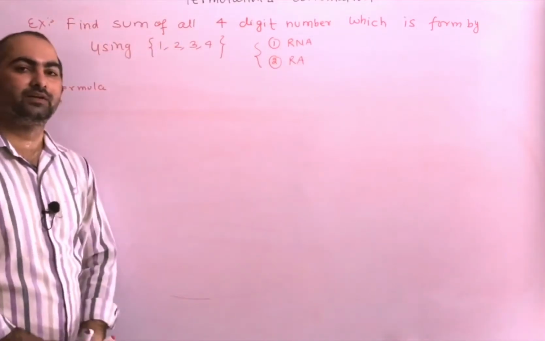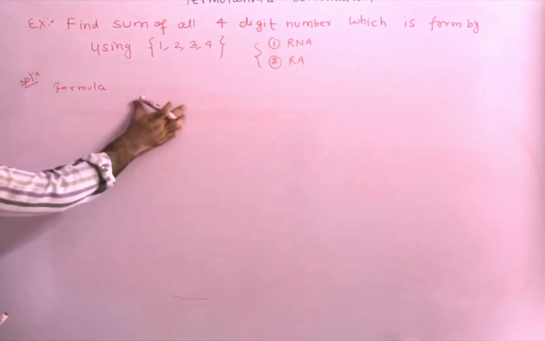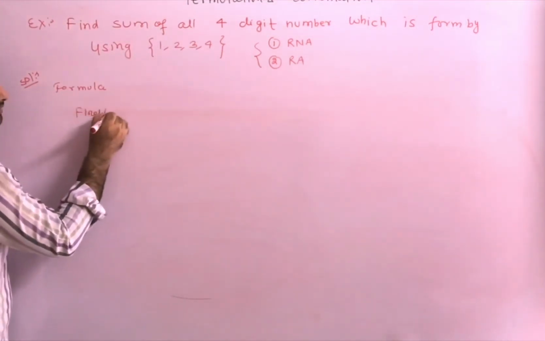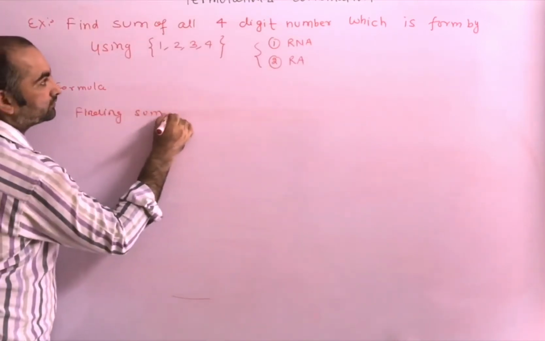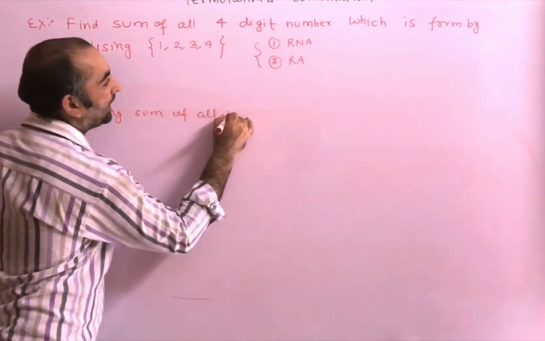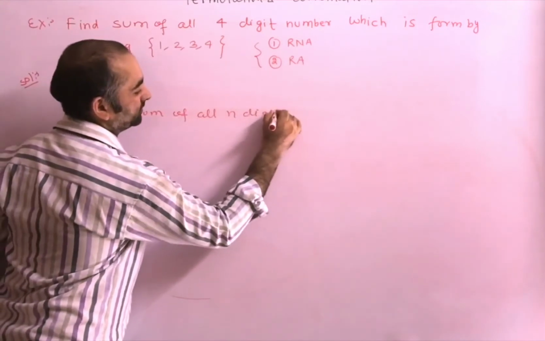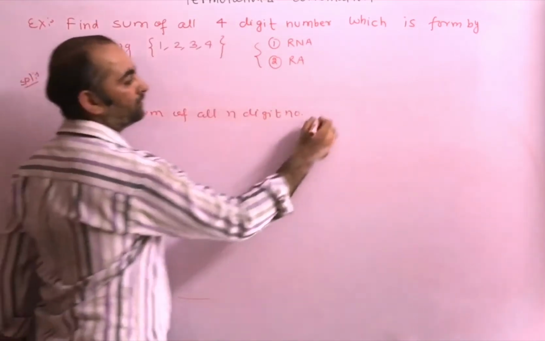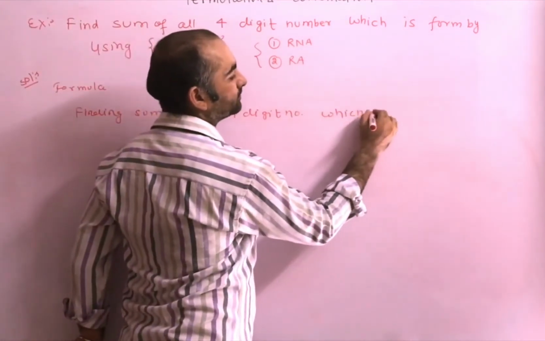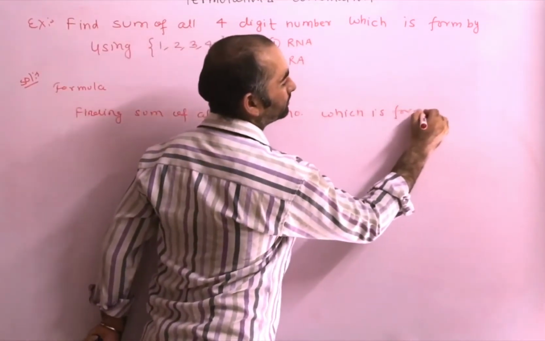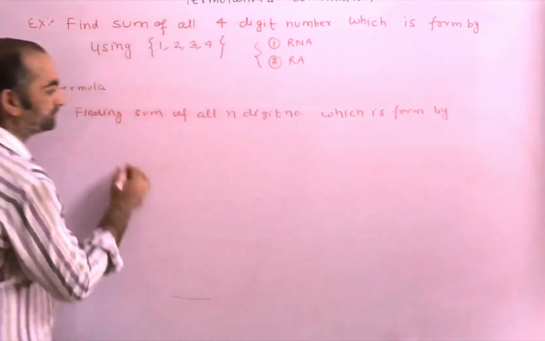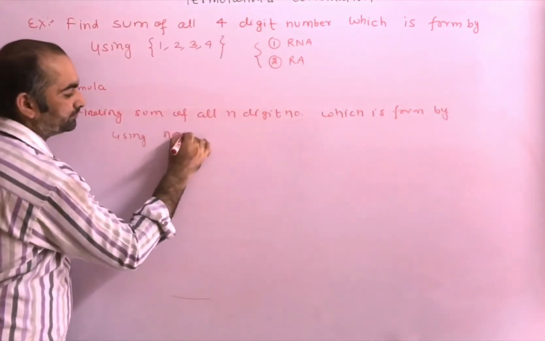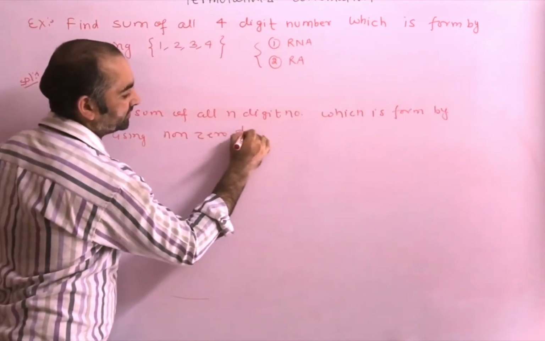Now I am telling the direct formula for solving these types of problems. Okay, so we are finding sum of all n digit numbers, instead of 4 I'm taking n digit number, which is formed by using non-zero digits.